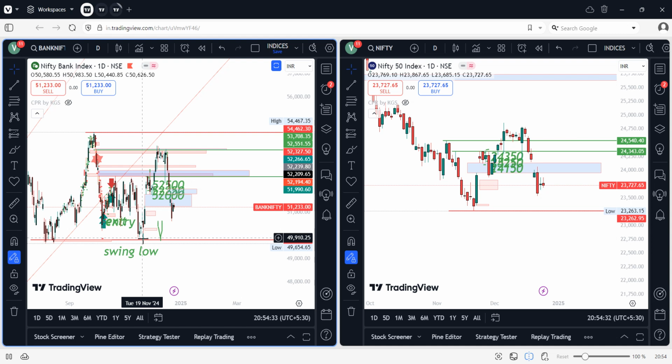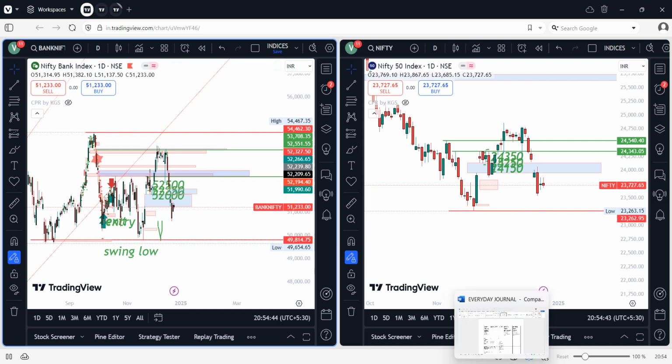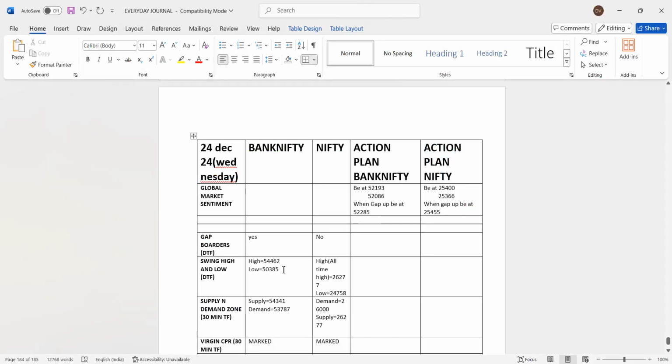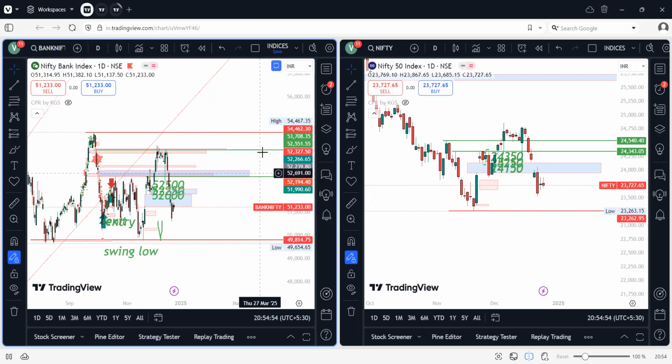This is not one exact area; we can treat them as zones. Now I am going to mark this swing low, 49,800, in the trading journal, and let's go for the swing high for Bank Nifty, which is 54,400.